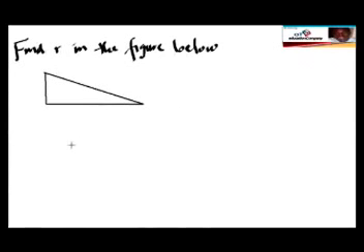So it is a right angle triangle, and here we're asked to look for arrow, and here is given as 3 centimeter, and here is given as 6 centimeter. Let's see.